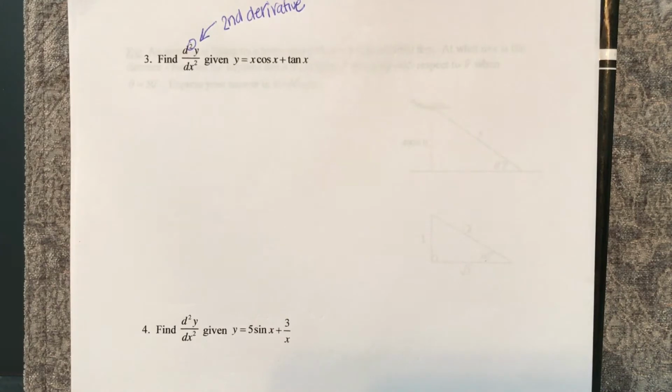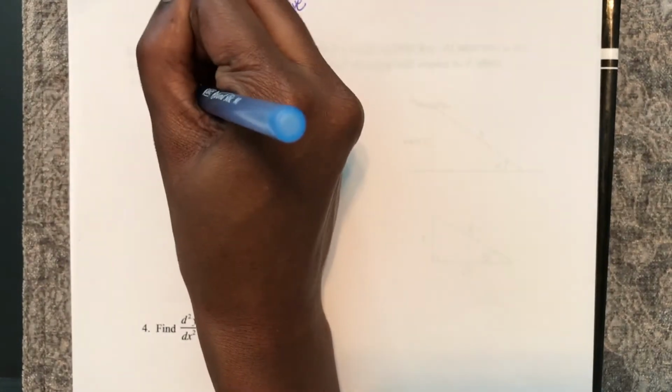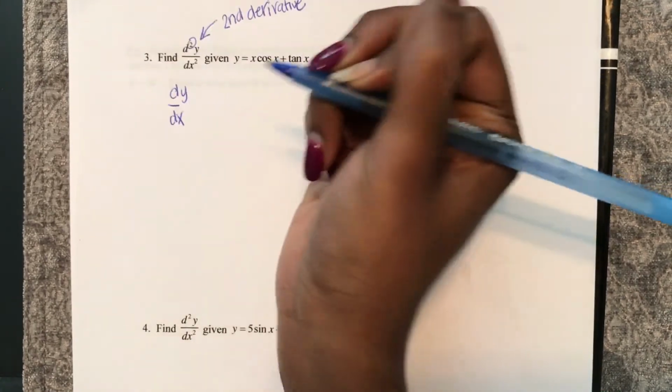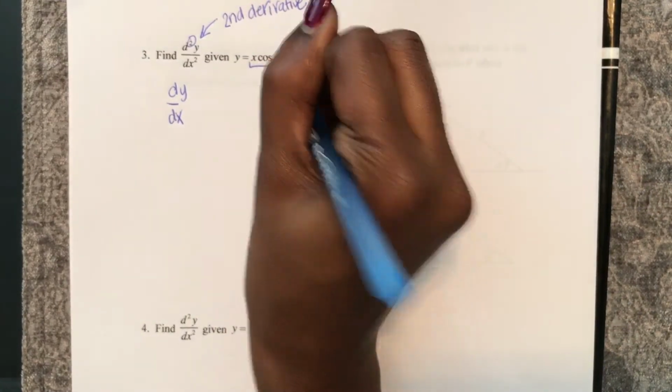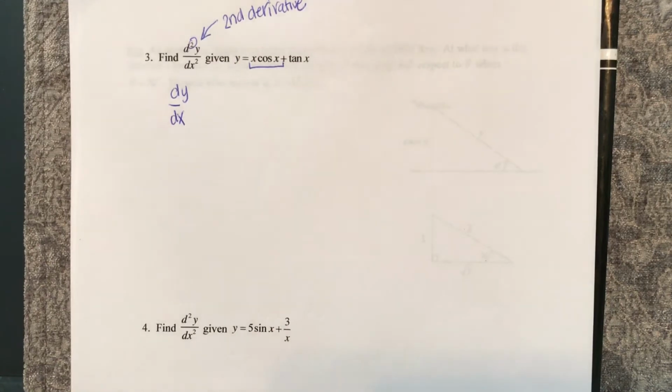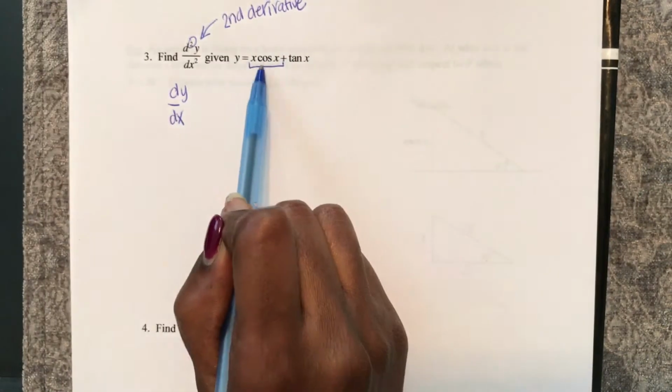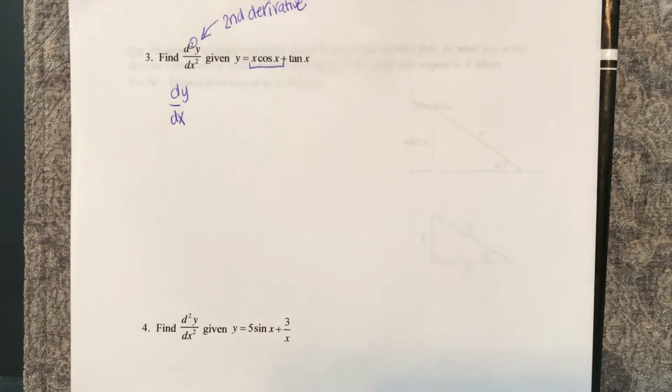So in finding this derivative, the first one, first I find dy dx. So here, this piece of my function is a product of x and cosine x. So to find the derivative of this piece, I'm going to do the product rule.